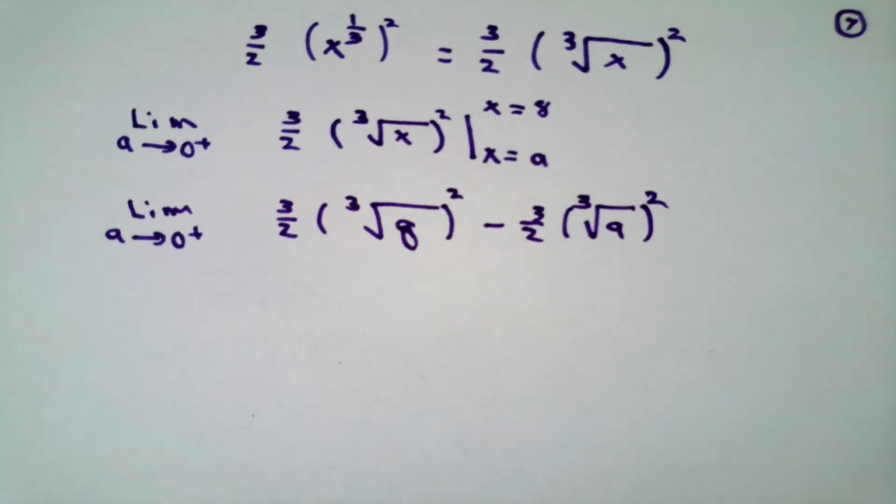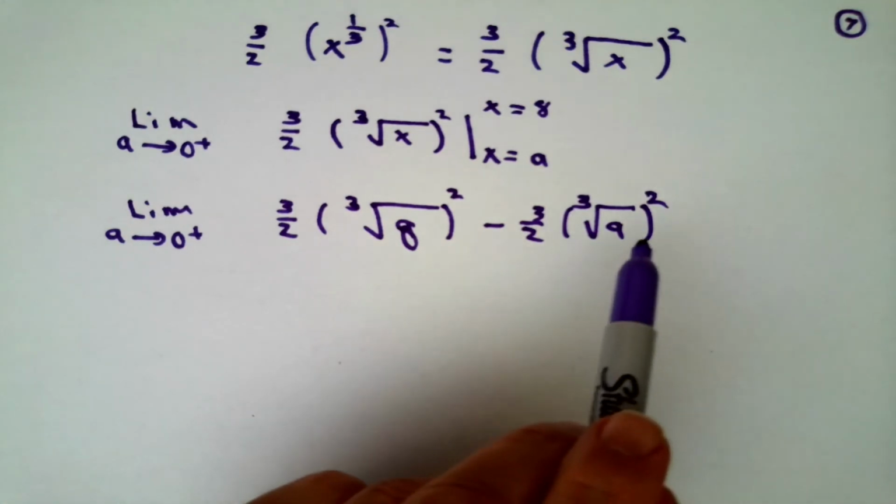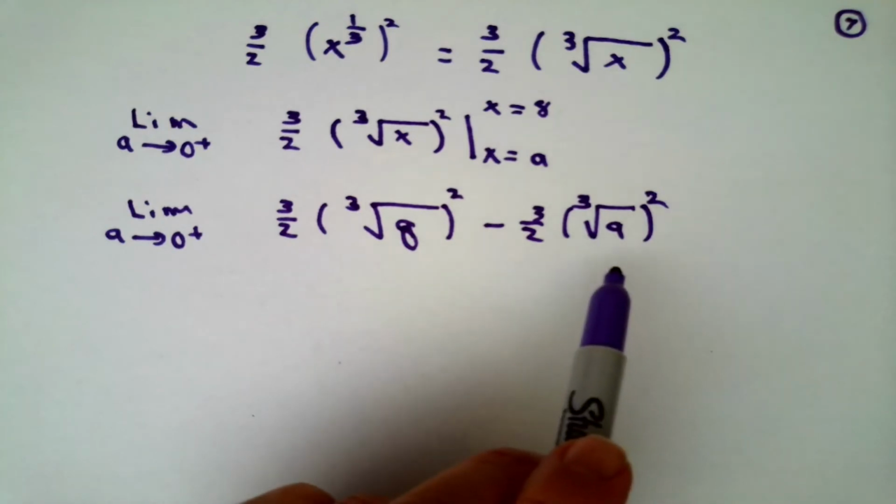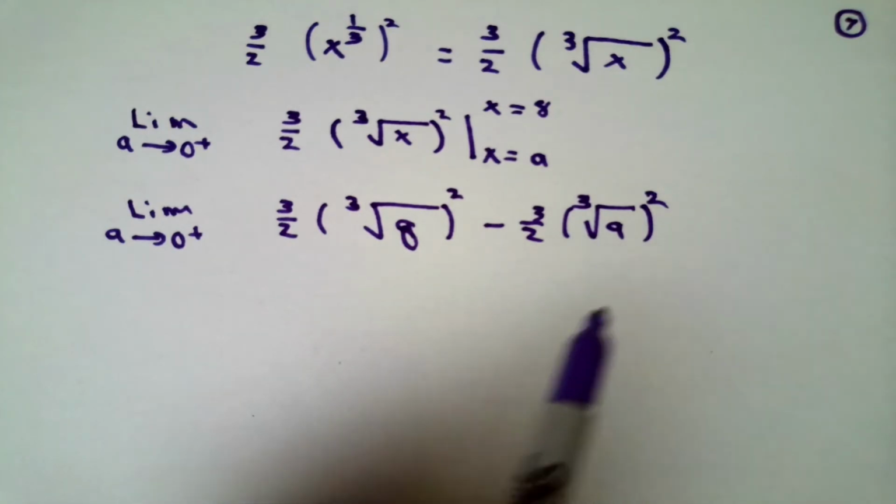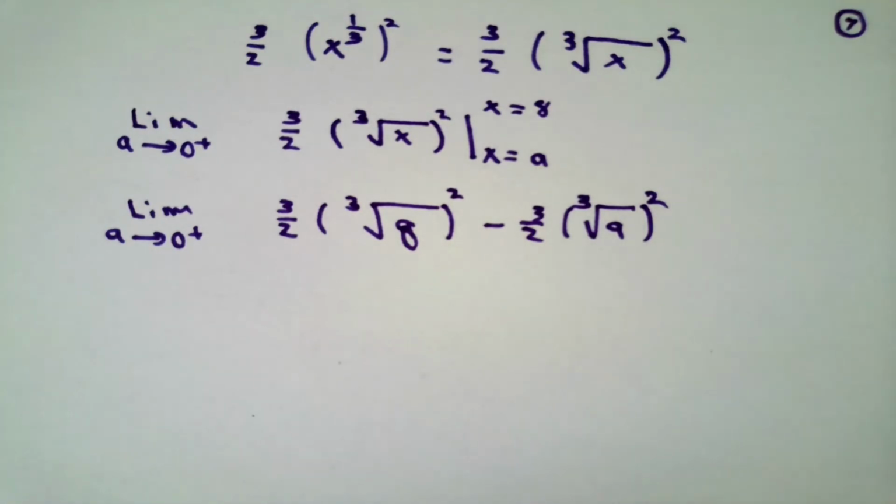As a approaches 0, the cube root of a also approaches 0. The square of a number that approaches 0 approaches 0. So the limit of this second term is 0. The cube root of 8 is 2.